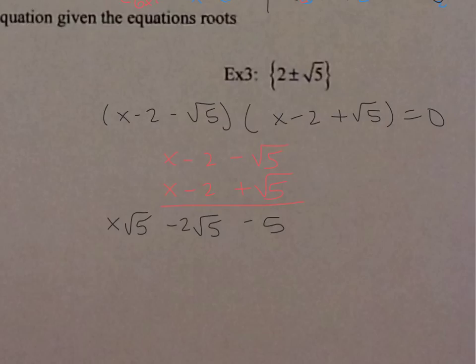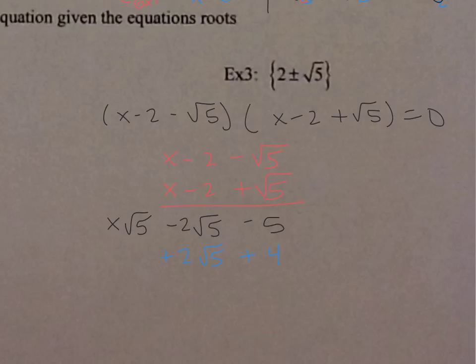Now I'm going to start multiplying negative 2 to each of the numbers above it. So I'm going to have negative 2 times negative the square root of 5 is positive 2 the square root of 5. Negative 2 times negative 2 is positive 4, so I'm going to put that right beneath the negative 5.